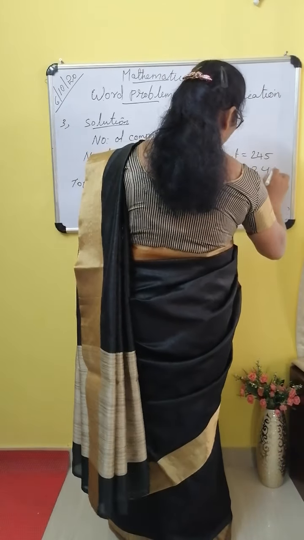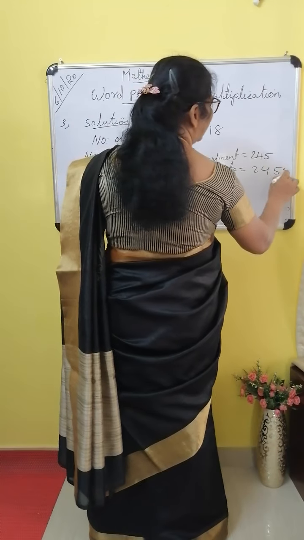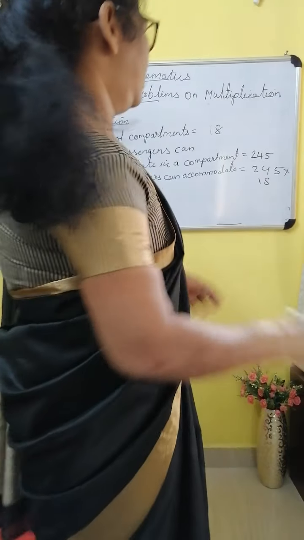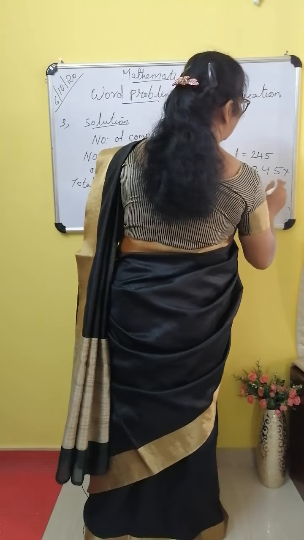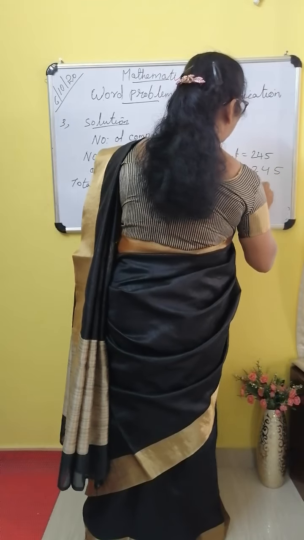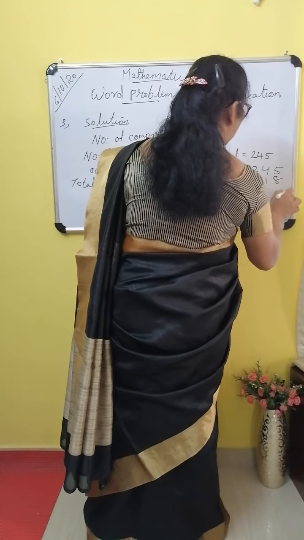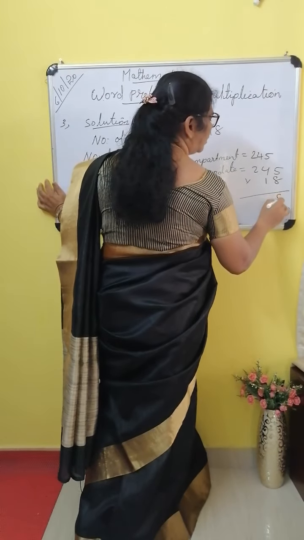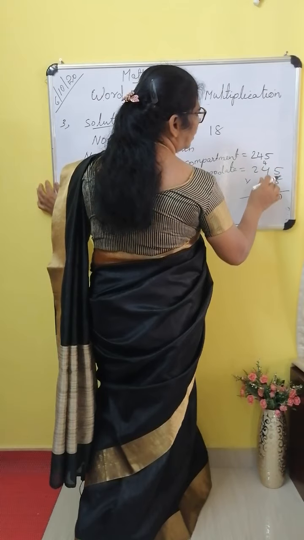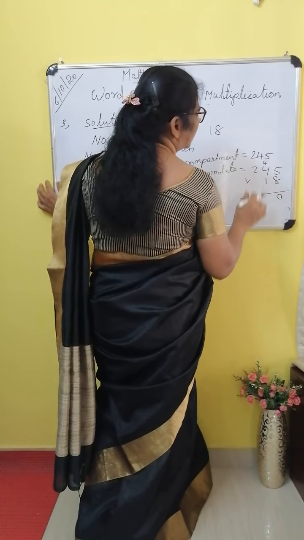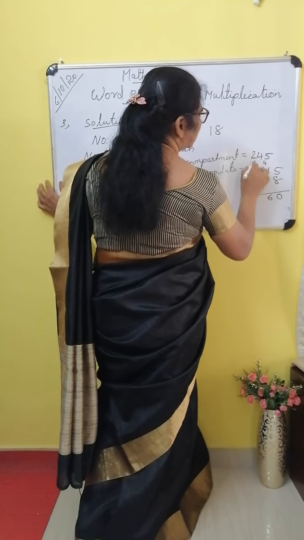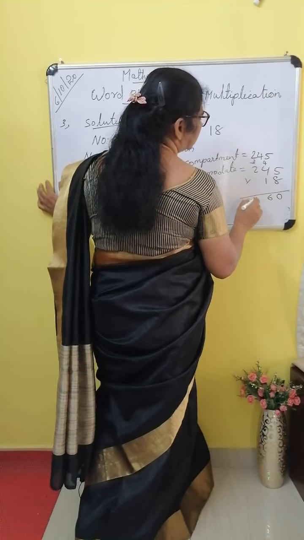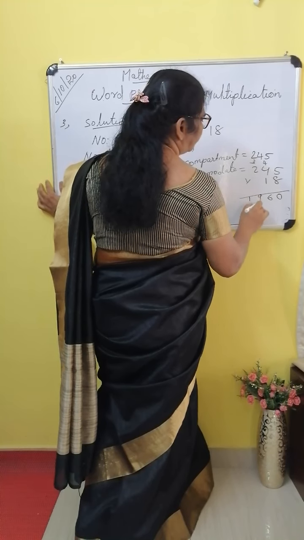So 245 into 18. 8 5s are 40, 4 remainder. 8 4s are 32 plus 4, 36, 3 remainder. 8 2s are 16 plus 3, 19.